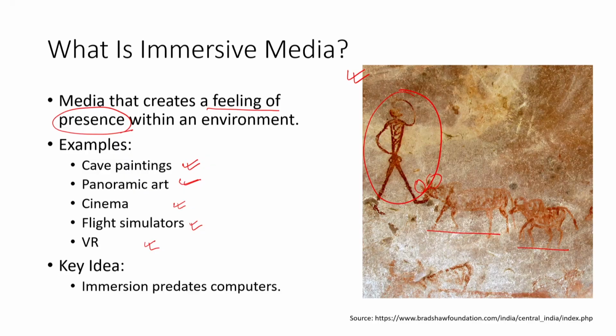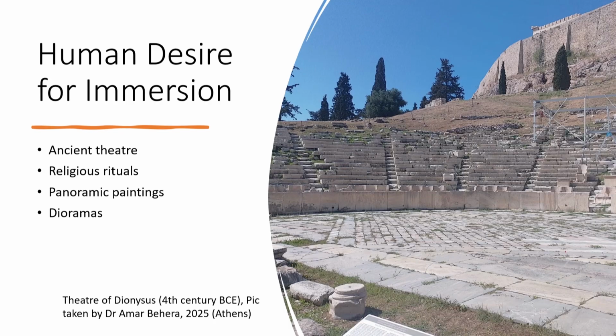So, all of these may create what we can say is a feeling of presence within a certain environment. The key idea here is that immersion predates computers and may even be thought about as dating back as far as 10,000 years ago. There has always been a human desire for immersion.